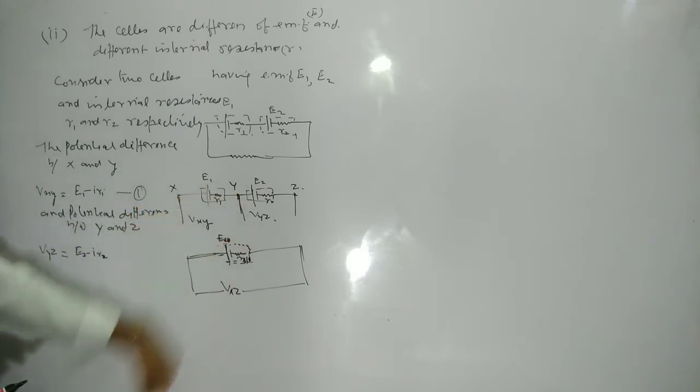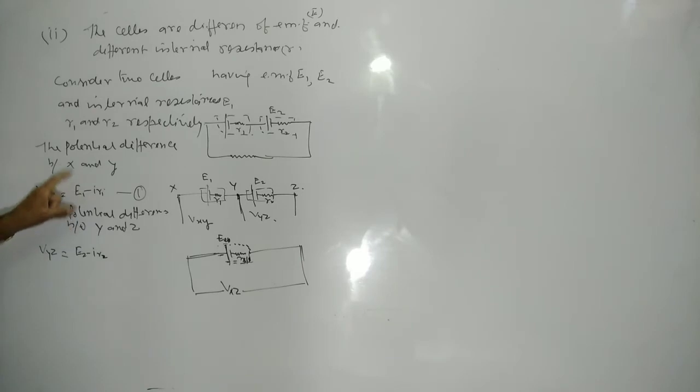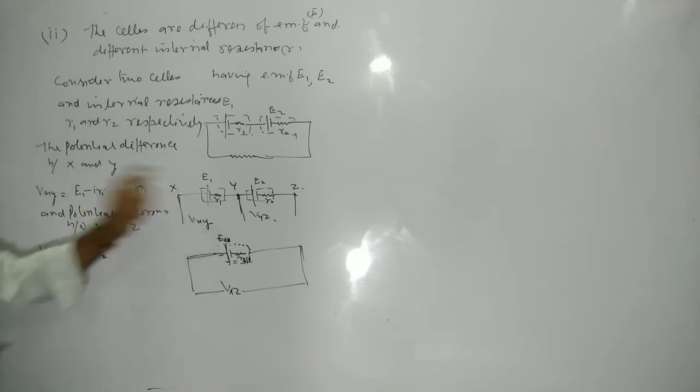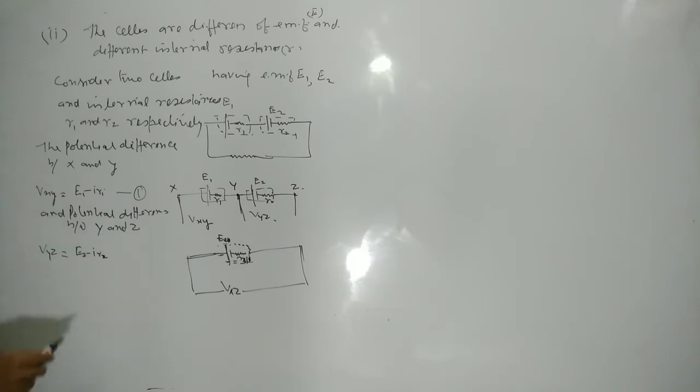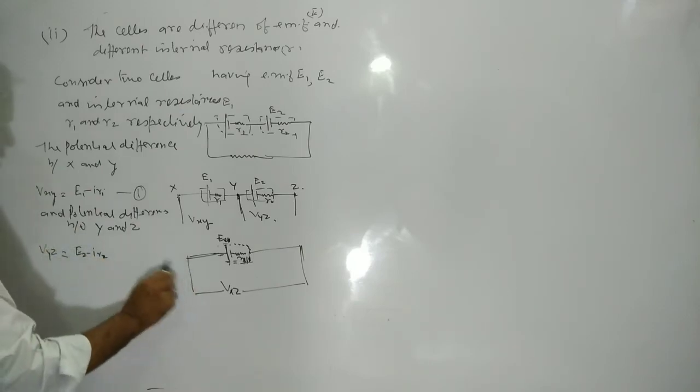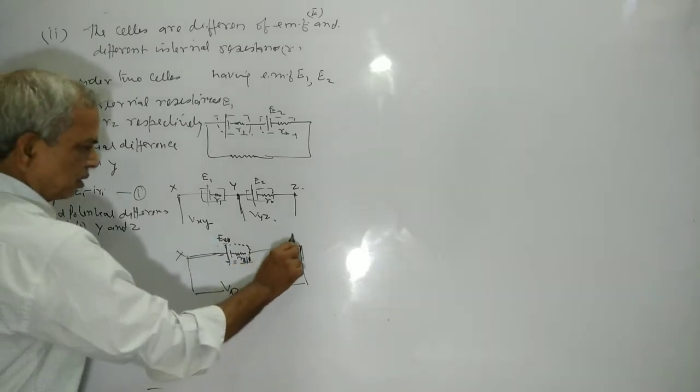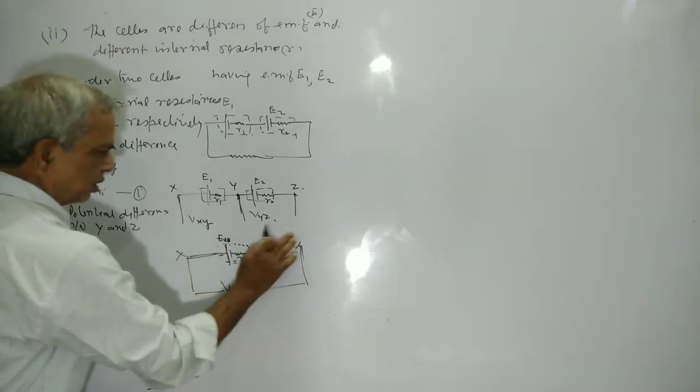Current is the same through the circuit. So current I and current I is the same, but EMF of this cell is E1 and internal resistance r1, and EMF of this cell E2 and internal resistance r2.